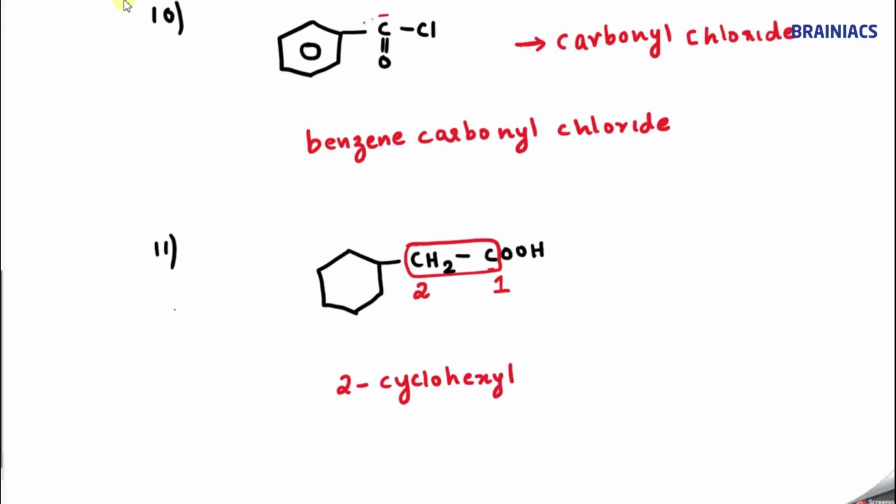Then parent chain is linear, so 1 degree prefix is not applicable. Then word root, 2 carbon atoms. So eth, and they are connected through single bond, ethane, then 1-oic acid. So the answer is 2-cyclohexyl ethanoic acid, or ethane 1-oic acid.